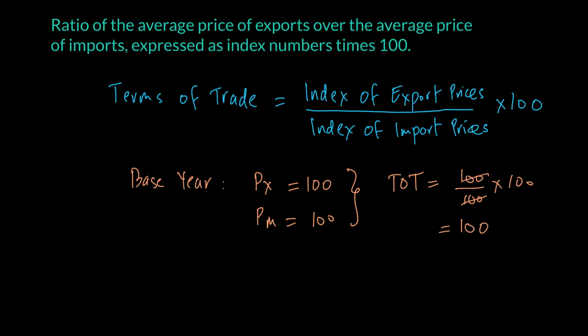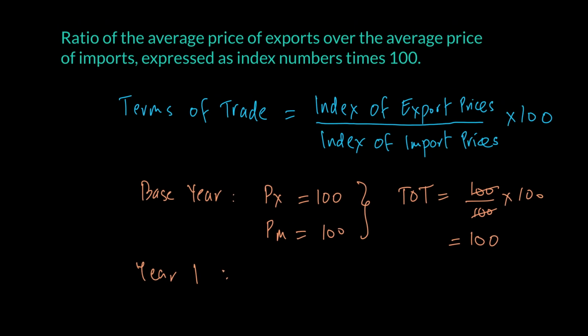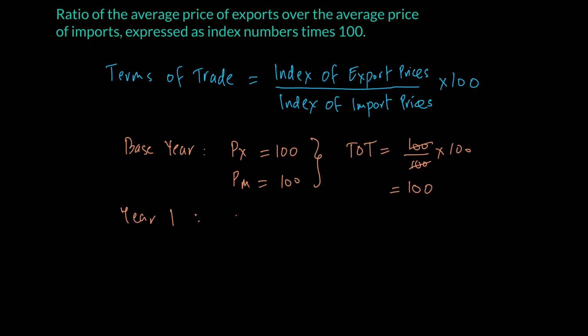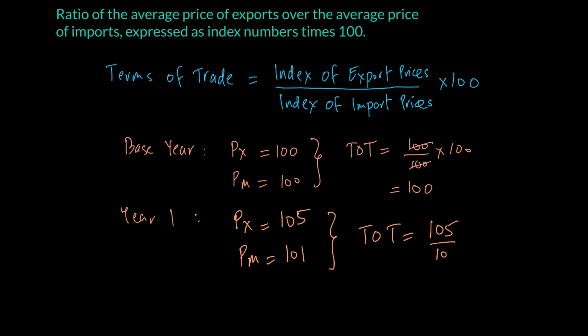But let's say in the next year, year one, your PX is rising by 5%. So PX becomes 105. But at the same time, import prices are rising by 1%, so they become 101. Now, if I ask what our terms of trade will be, it will be 105 over 101 times 100, which, if you do the math, is 103.9.